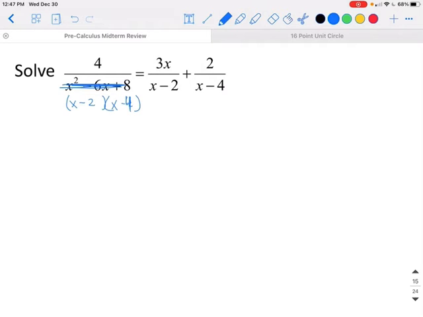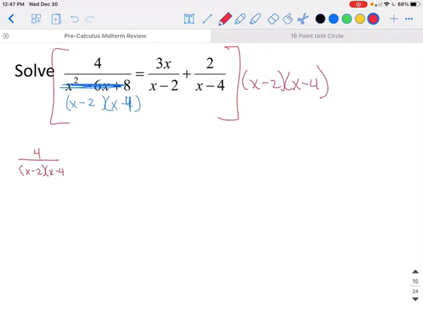Now, we need to see what we can multiply everything by to get rid of all of the denominators. If we multiplied everything by x minus 2 and x minus 4, this would cancel all of the denominators. So right now we have 4 over x minus 2, x minus 4, and we can multiply that by x minus 2, x minus 4.